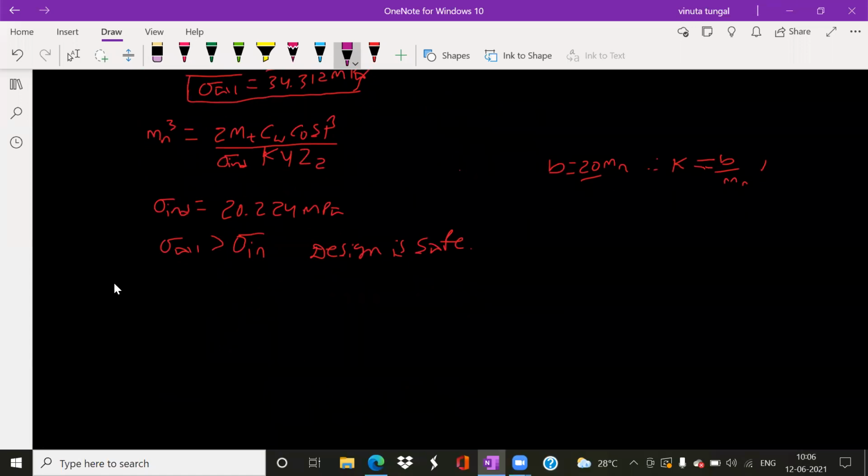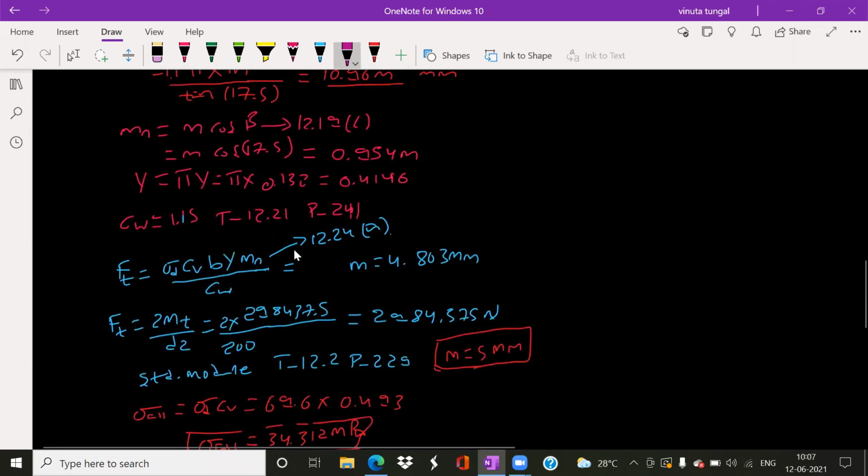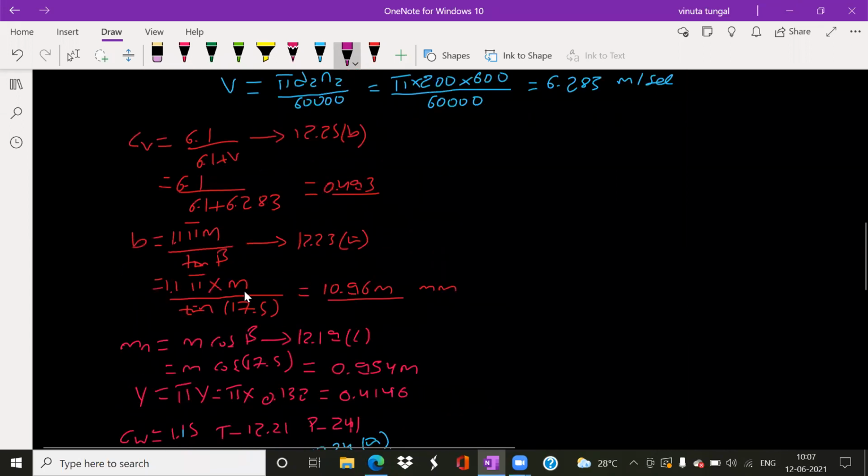After calculating the induced stress, next we need to calculate the face width. Can anyone tell me the face width? This is taken from the data book.